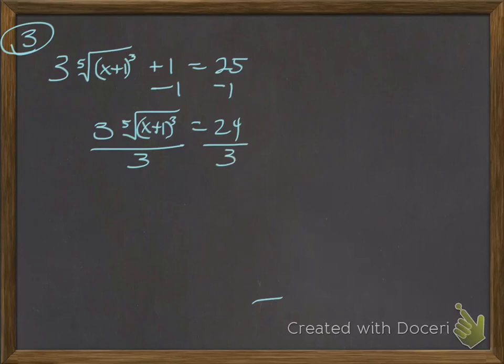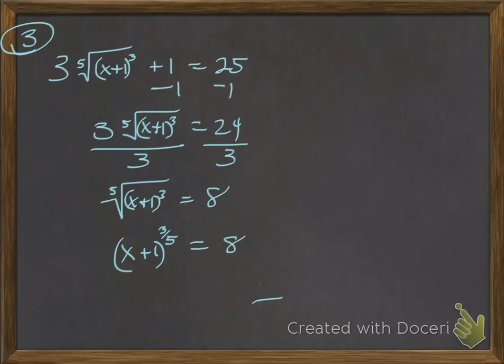Then divide by 3 because that 3 is being multiplied to that radical. And I have the 5th root of x plus 1 raised to the 3rd is equal to 8. Now because it's both a radical and an exponent, I'm going to change that to exponential form. So I have x plus 1 raised to the 3 over 5 is equal to 8. All I did was change that to exponential form.